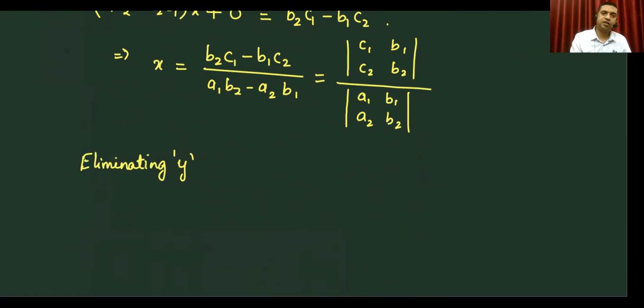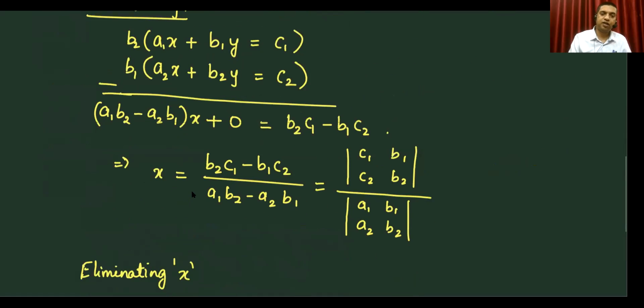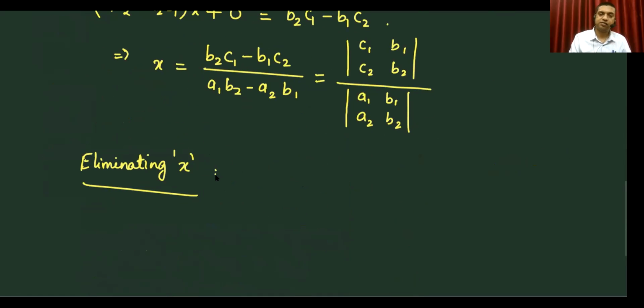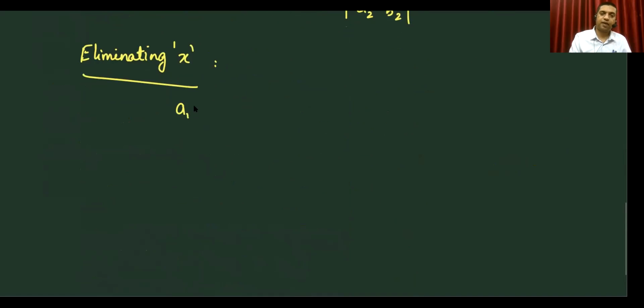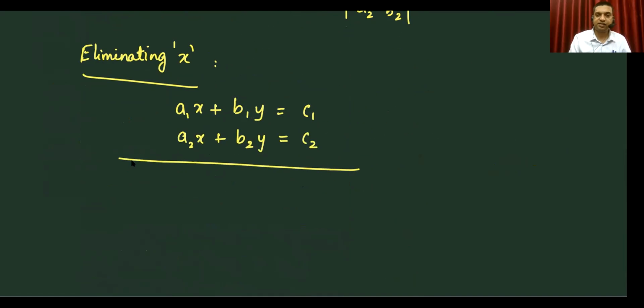Sorry, eliminating x. We have eliminated y in the first case. Now eliminating x. So a1x plus b1y equal to c1, a2x plus b2y is equal to c2. What do we do to eliminate x?